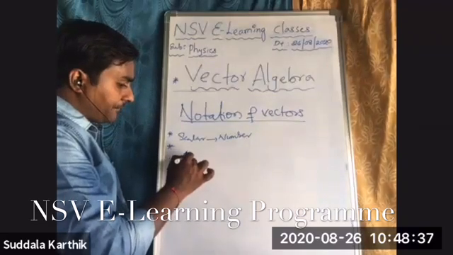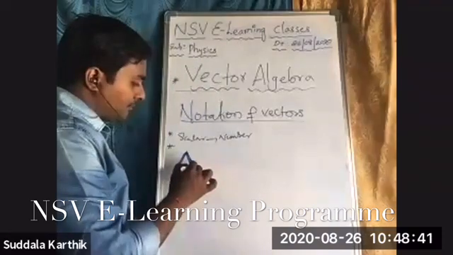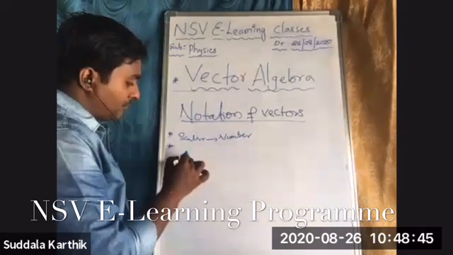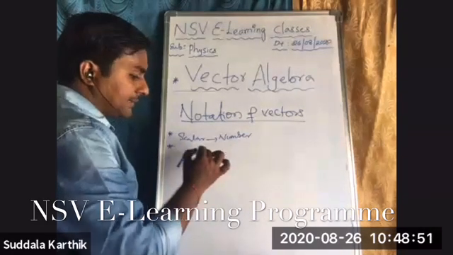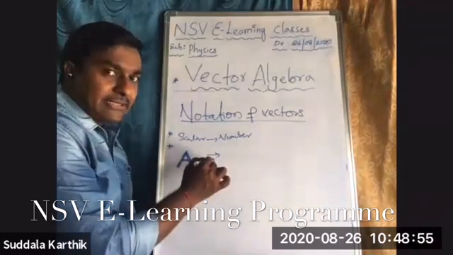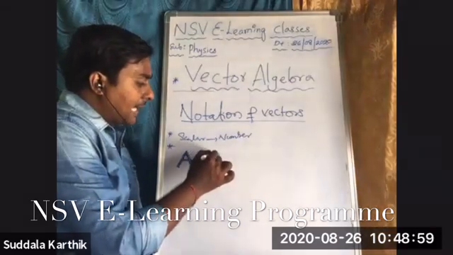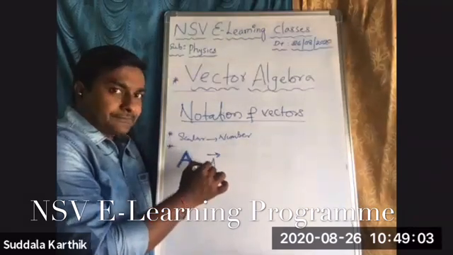In all the books, either a thick letter A or like this, A bar. You have to draw an arrow mark over the letter, A bar.